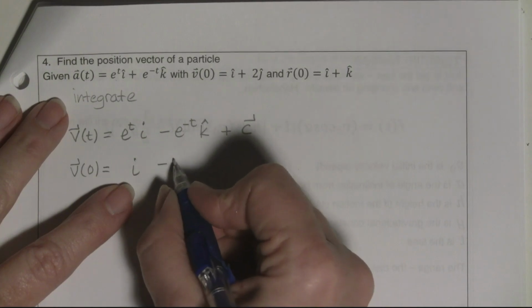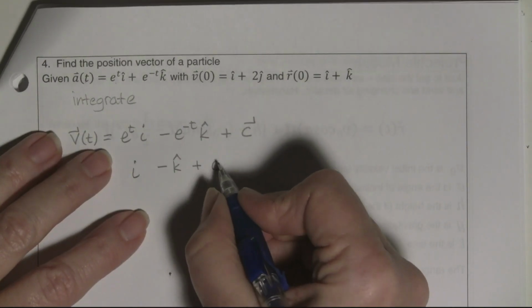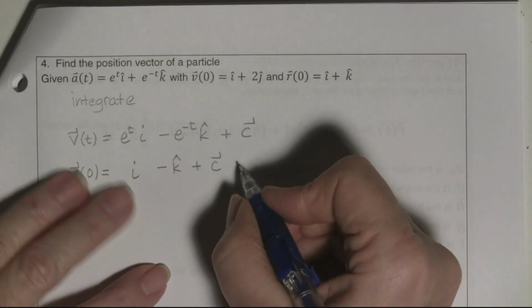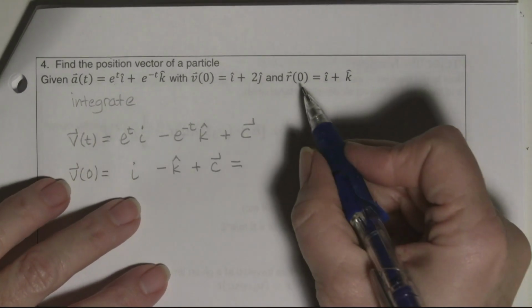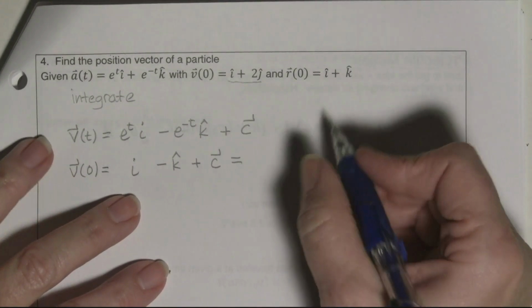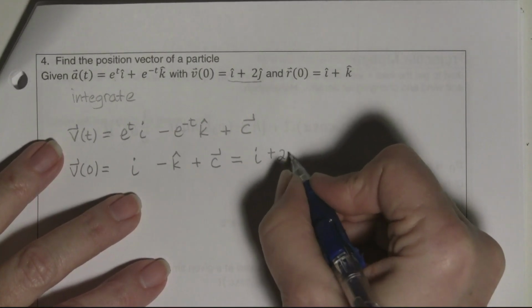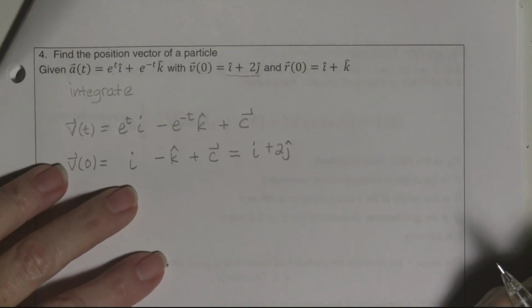So this would be negative k plus c, the vector c, right? And that equals, what did they say that it would equal? They said it would equal i plus 2j.